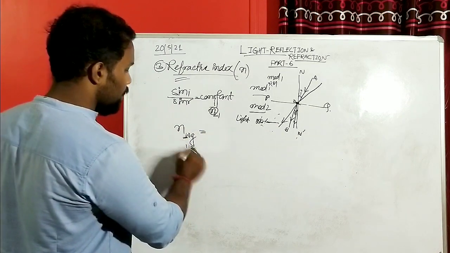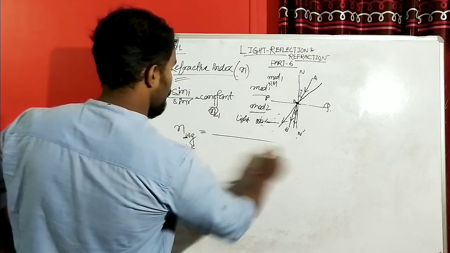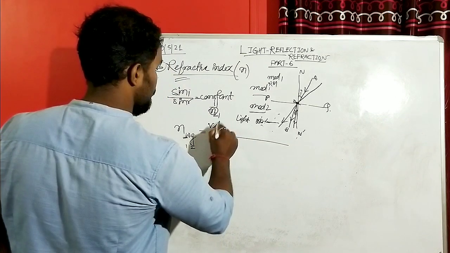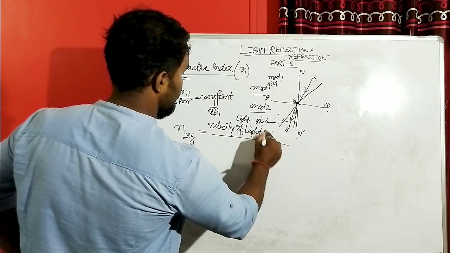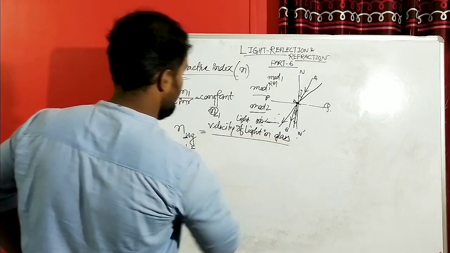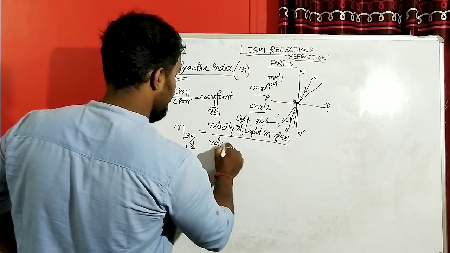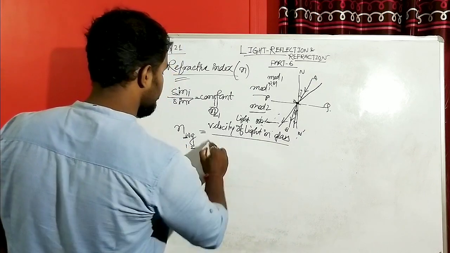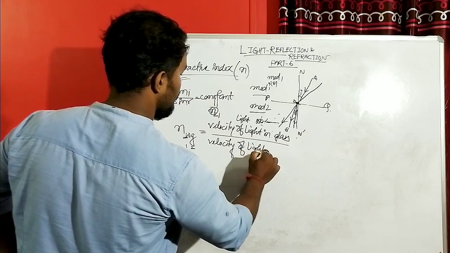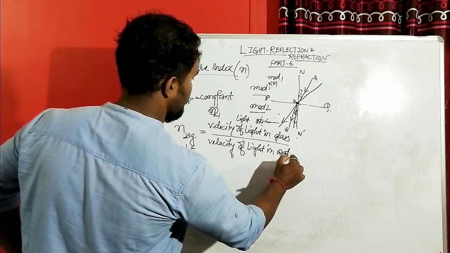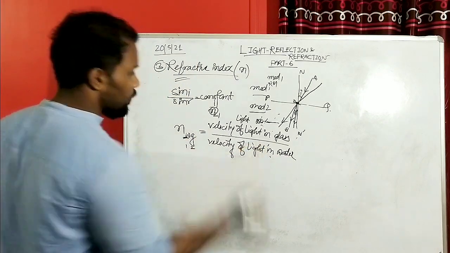If I consider this as N12, where water is 1 and glass is 2, then it will represent the velocity of light in glass by the velocity of light in water.